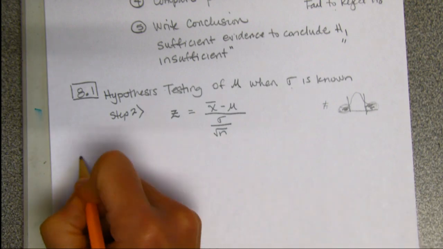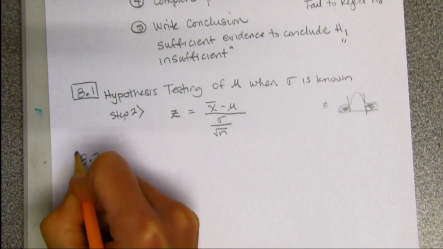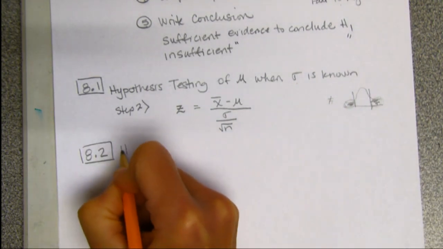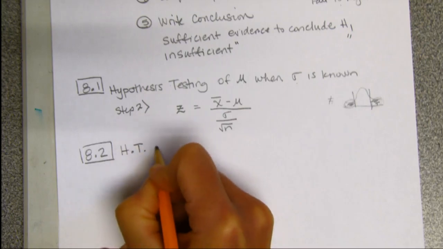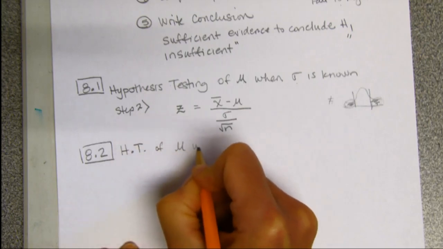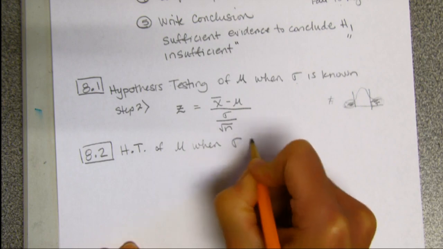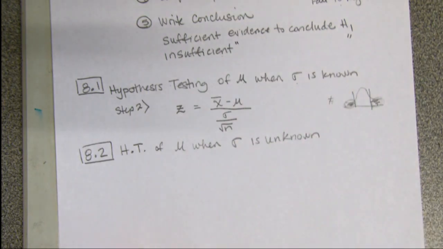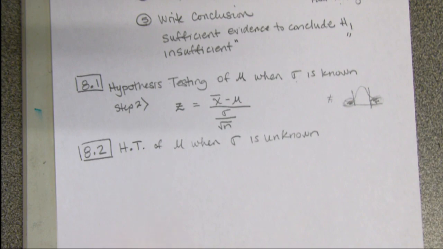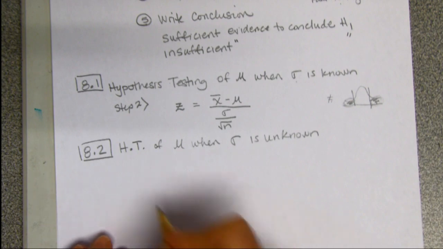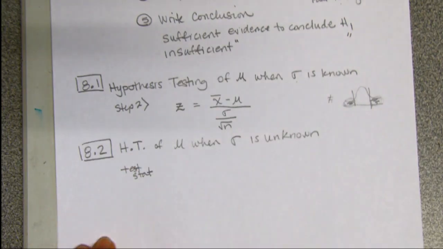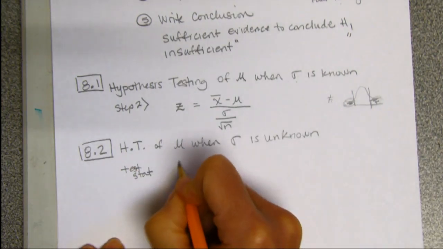Section 8.2 is hypothesis testing of mu when sigma is unknown. And on step 2 for this, your test statistic is a t-value.